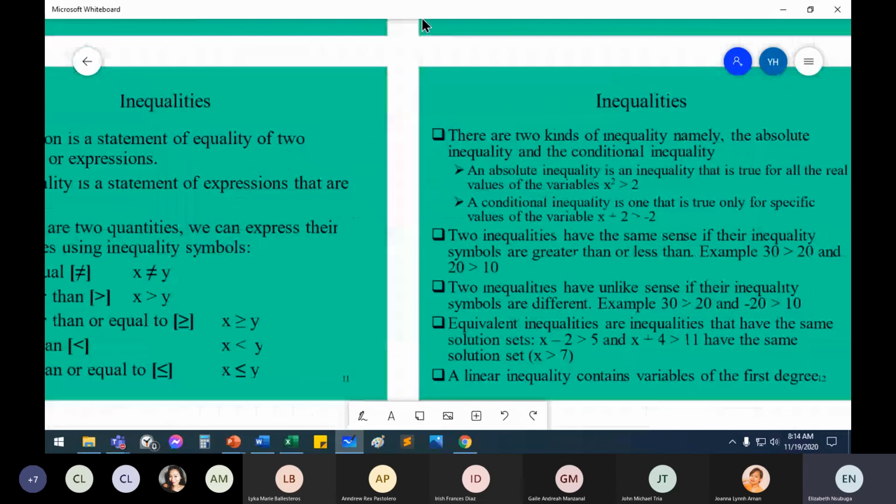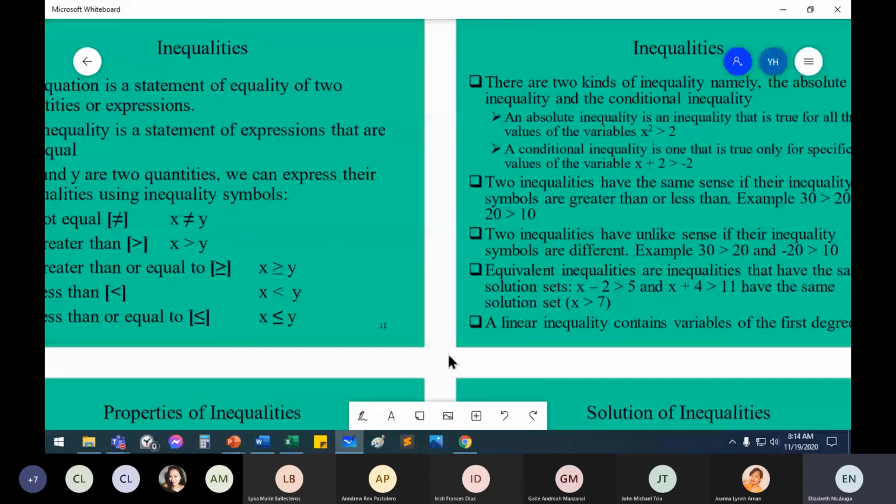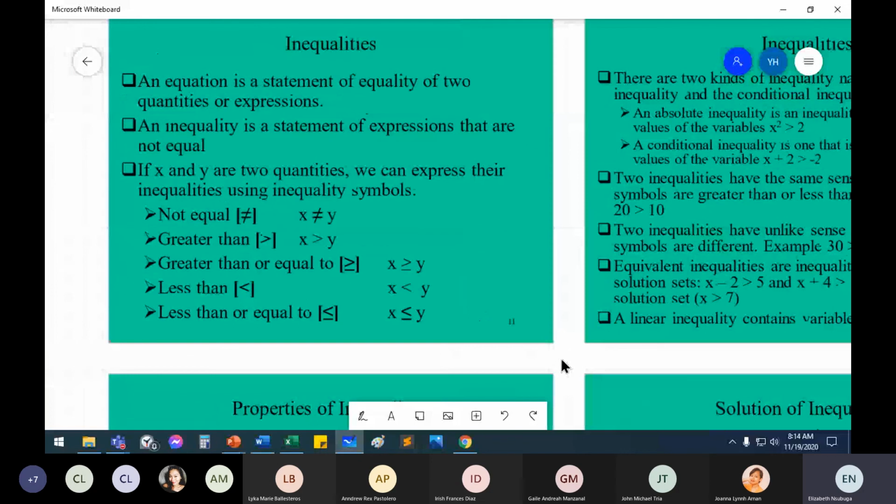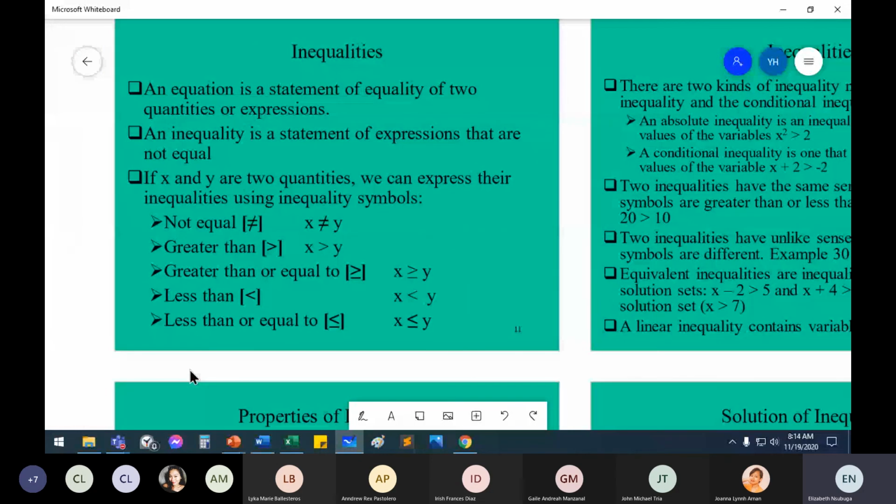inequalities. So I'm going to introduce you to inequalities. In this case, it's not equal. What is an inequality? Opposite of equation. One side is bigger or smaller, or bigger or equal to. So these are not exactly equal. That's what it means. So we are going to have some literature of that.